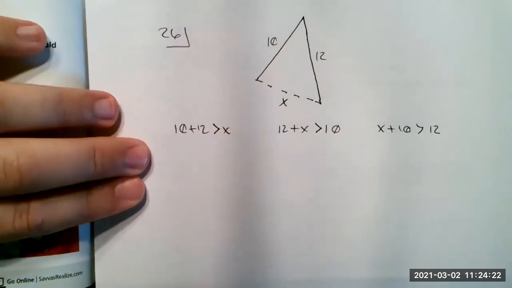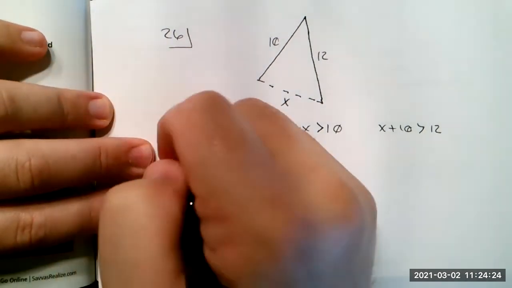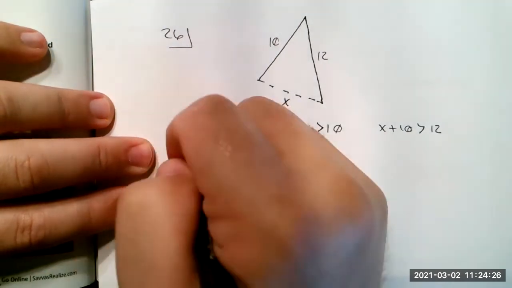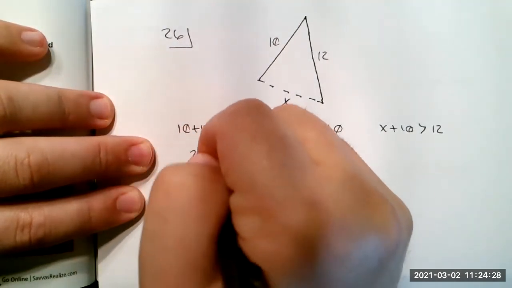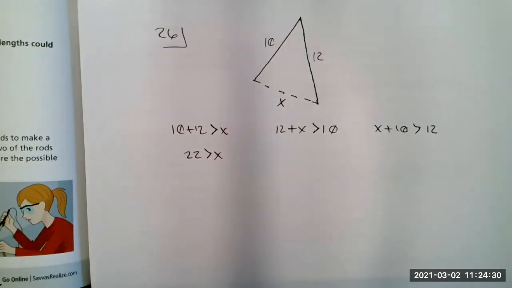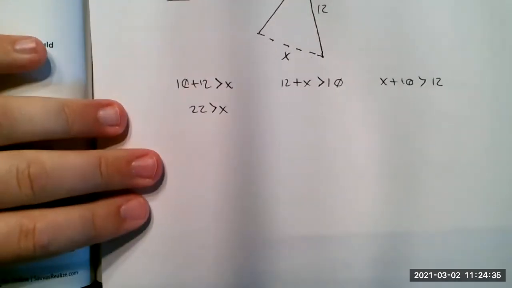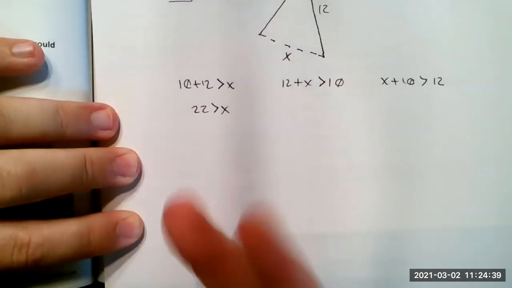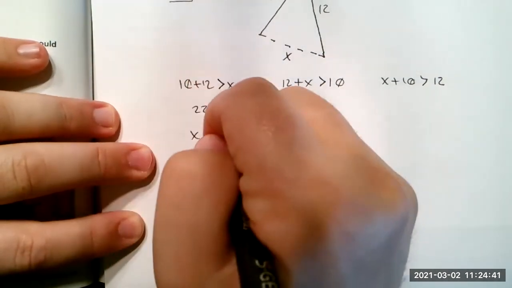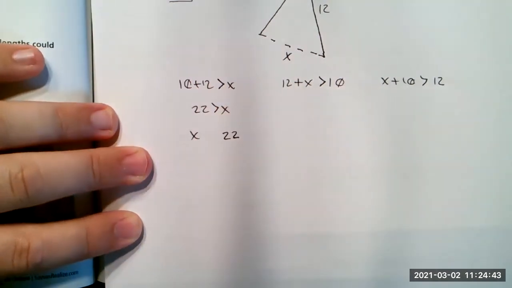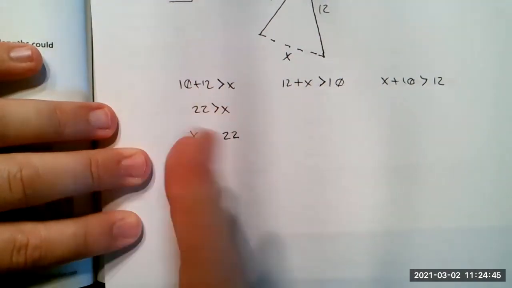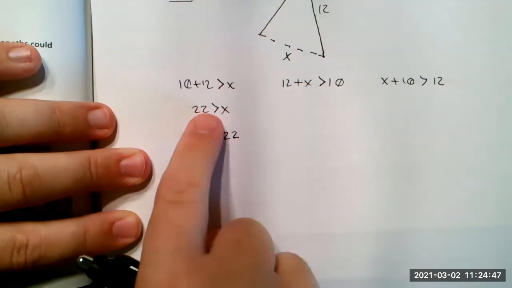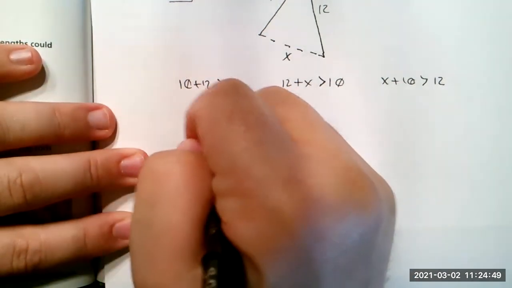So let's go ahead and solve these. 10 plus 12 is 22. I don't like leaving inequalities like this. I like to write them with the variable first. So I'm going to take this inequality and flip both sides. So it's going to be an X first, then 22. But if I flip those two sides, I need to flip my inequality sign.